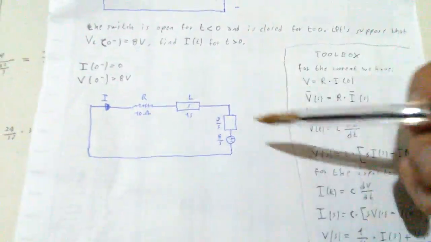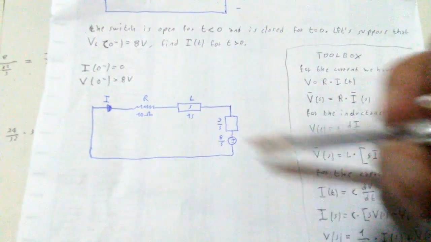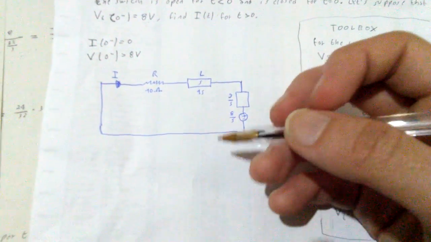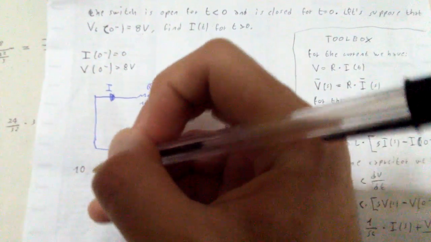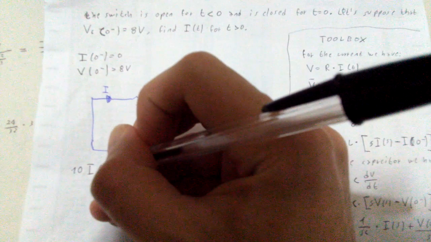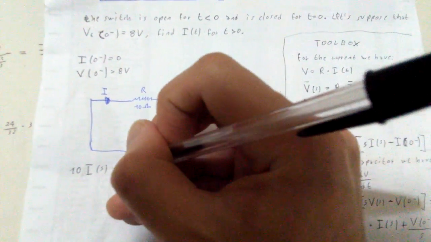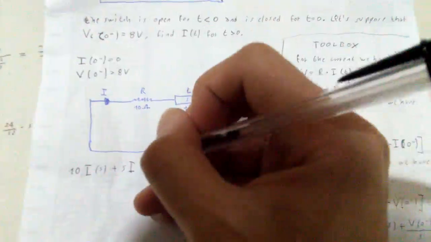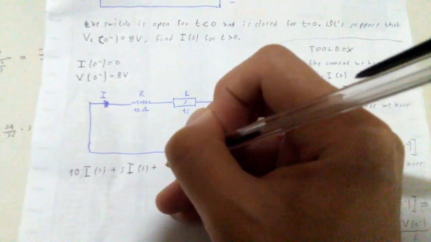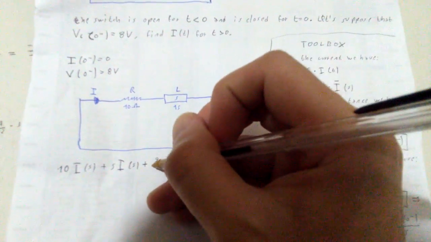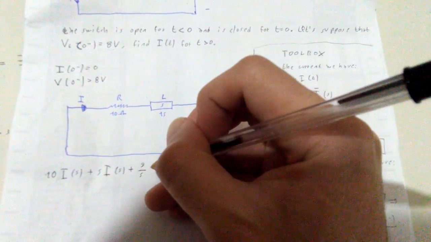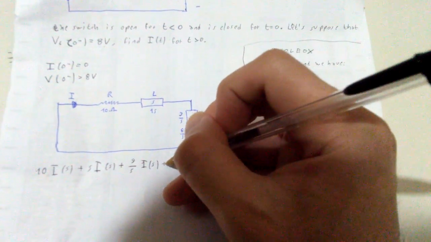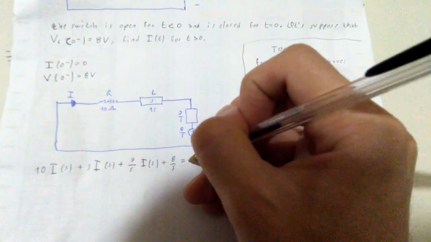Okay, so we know that the sum of all the voltages is going to be equal to 0, so we can just write them down here. We basically have 10 Is plus sIs plus 9 over s Is, of course, plus 8 over s equal to 0.